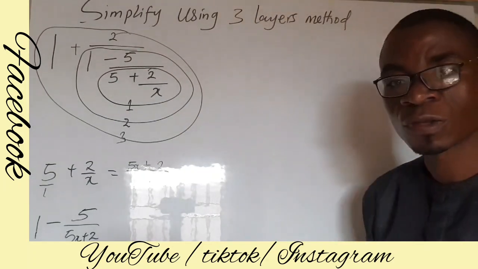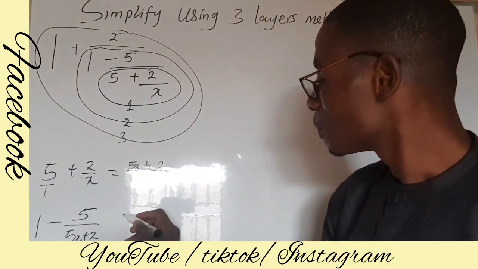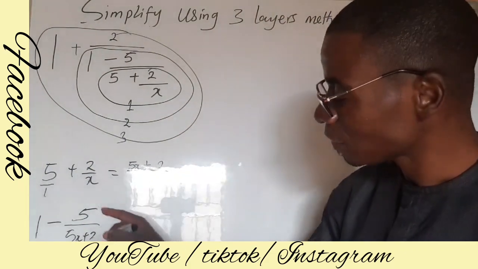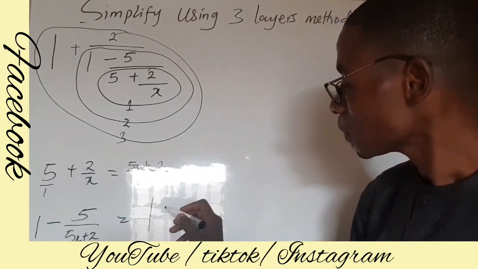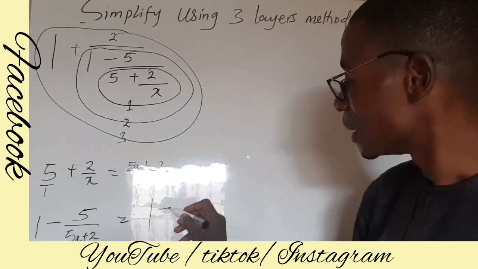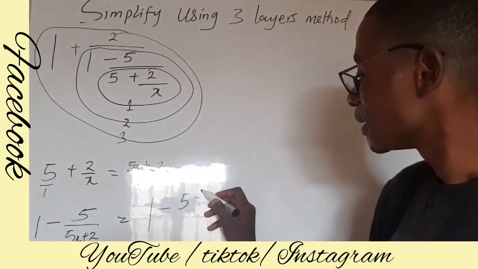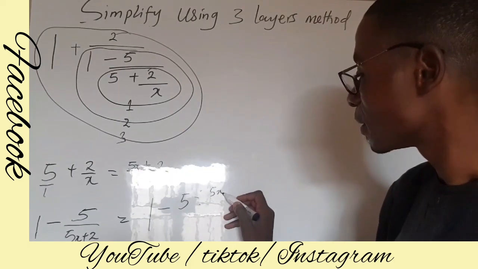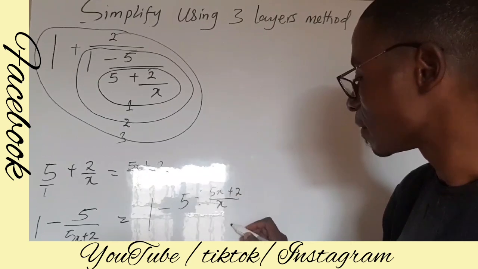That is the first layer. If that is the first layer, we put our equality sign and try to simplify this. So we're having 1 minus 5 divided by (5x plus 2) all over x.